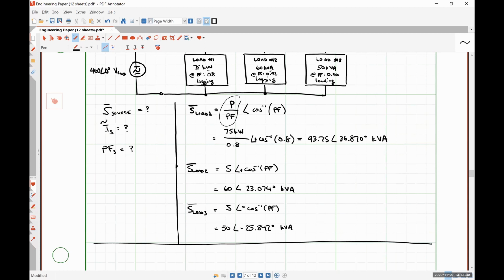Anybody have any ideas? So how do I use the fact we know what the complex power absorbed by loads 1, 2, and 3 are? How do I use that information to determine any of these three quantities of interest?